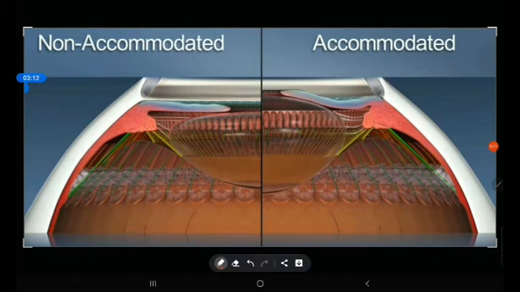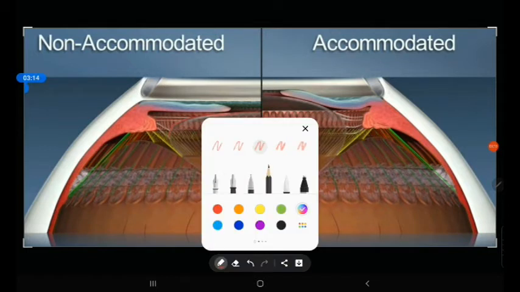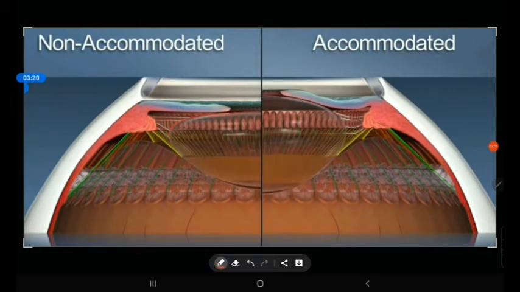That means you can see that the thickness of the lens is moderate or normal, and the ciliary muscles at this end are relaxed.